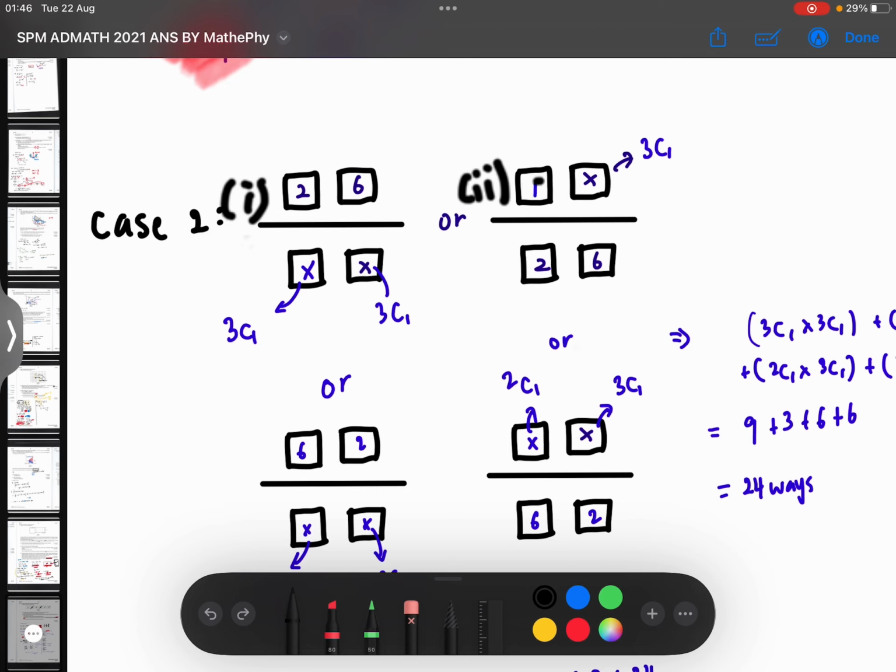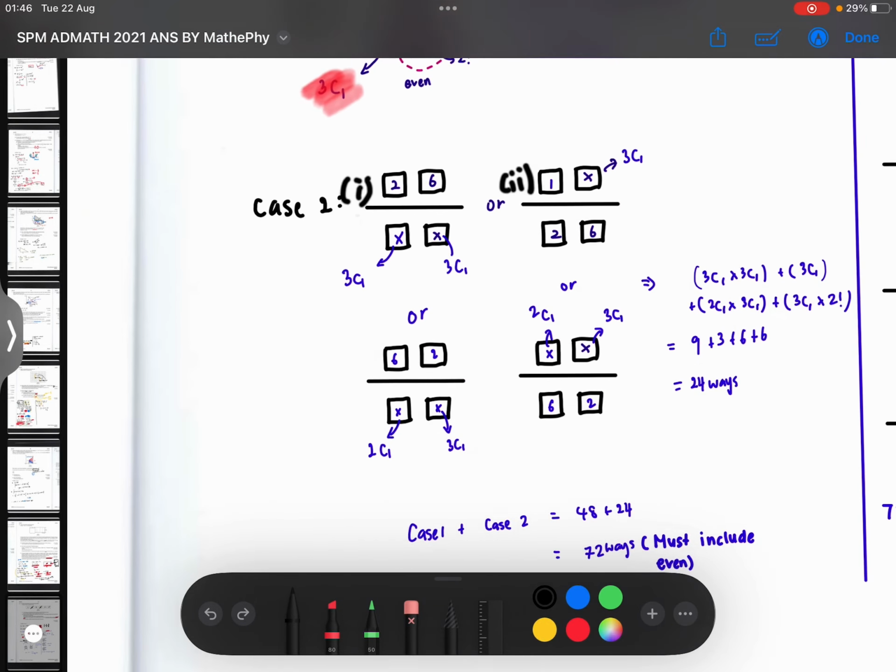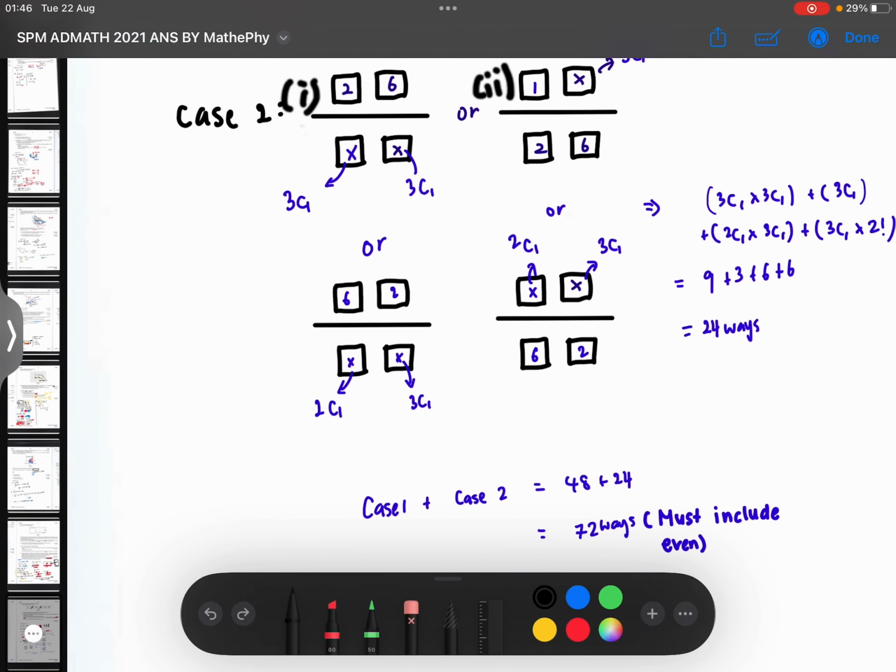So you need to set something smaller than 2 for the first digit of the numerator. For the second digit over here, you can choose 1 number from the 3 left. Implementing the same logic, you will get 24 ways in the end.